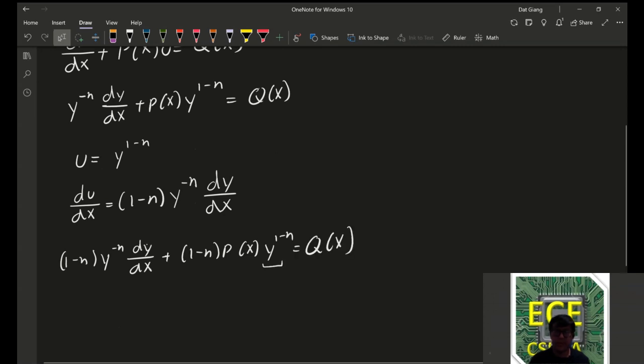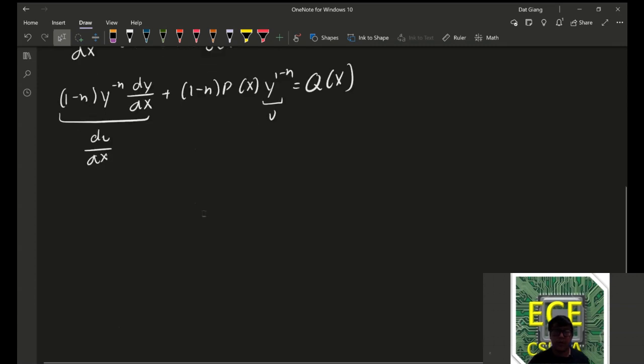Notice, by our substitution, this is u, and this whole thing is du/dx. So when we put it all together, we have du/dx plus 1 minus n p of x u equal to 1 minus n q of x.